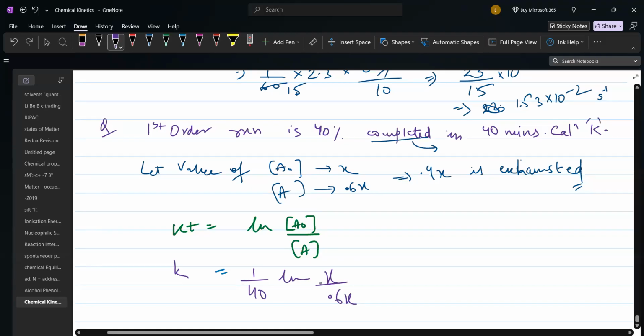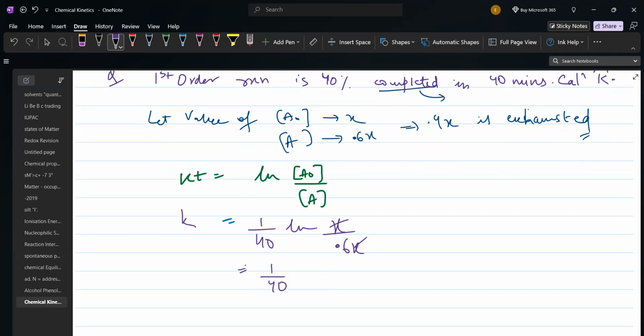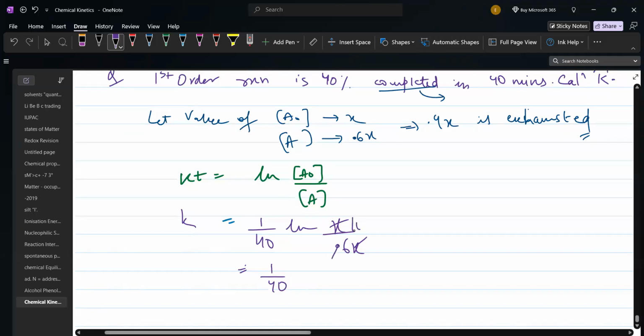I think you people are stuck in the ln thing, right? Rishita, where are you stuck with the ln thing? Just look at the steps, we are doing some calculation. In the first order reaction, most of the questions are like this, and you have to do some manipulation in the ln. So this one will become 10/6, right?